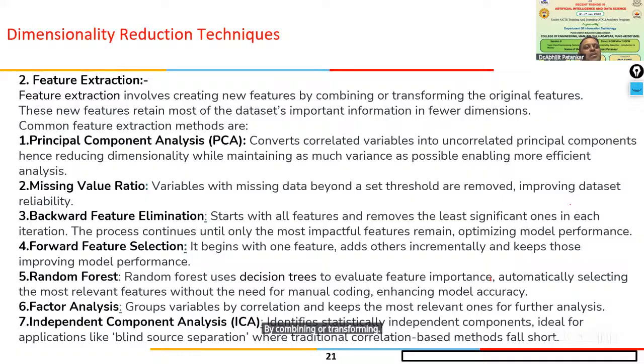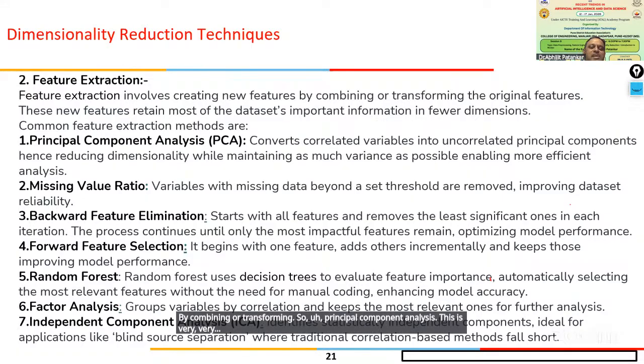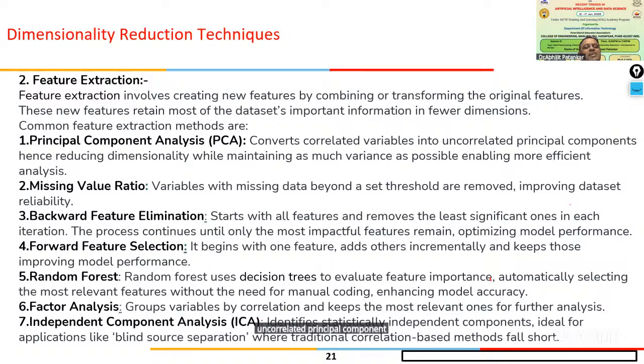So principal component analysis is a very, very important method in feature extraction. Those who are working in machine learning know about PCA. PCA converts correlated variables into uncorrelated principal components, hence reducing the dimensionality.